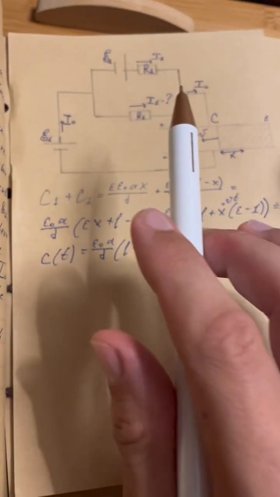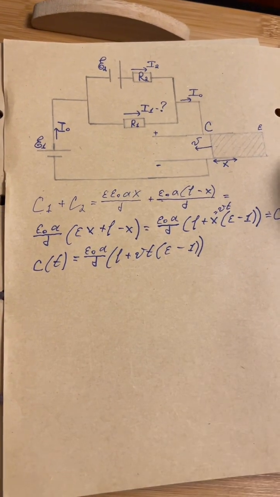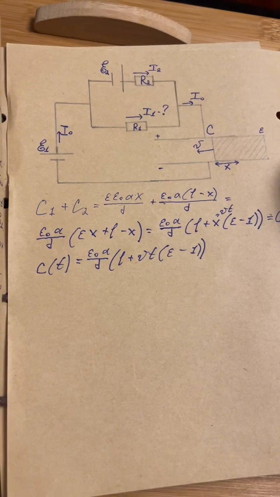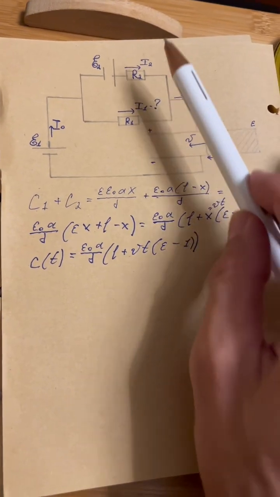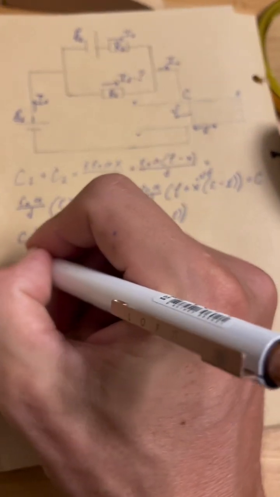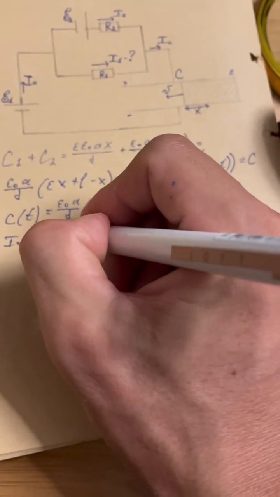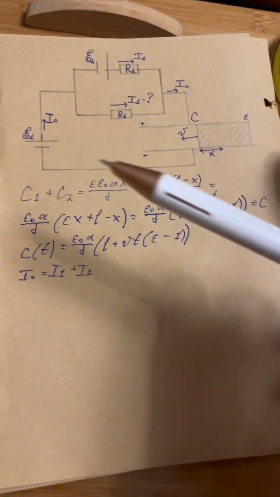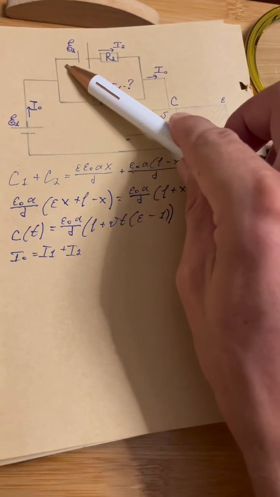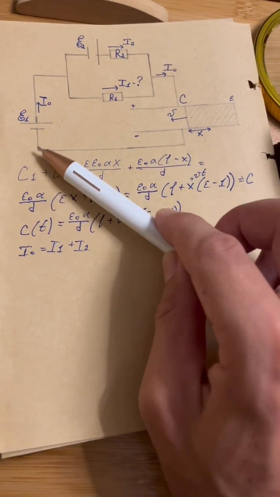Now let's analyze the circuit. First, you can think about Kirchhoff's law, or just about the law of conservation of charge. I0 equals I1 plus I2, of course. Okay, let's analyze this loop, and let's analyze this loop.